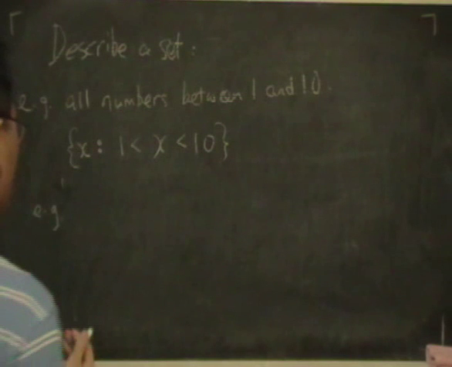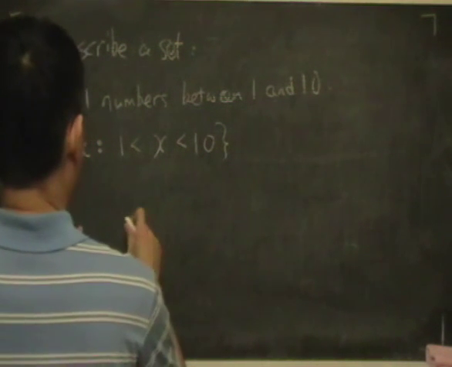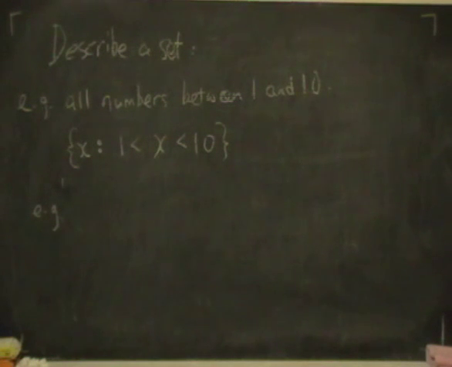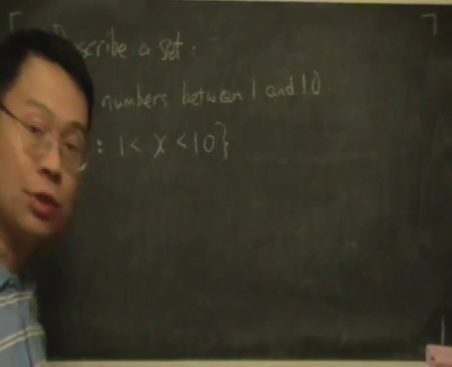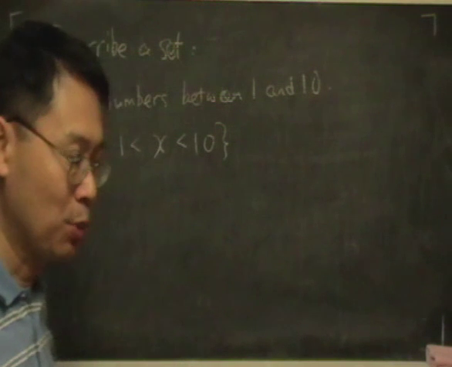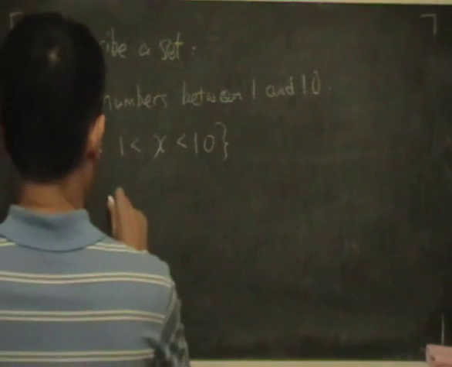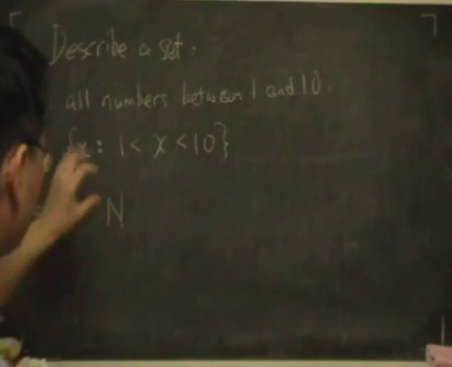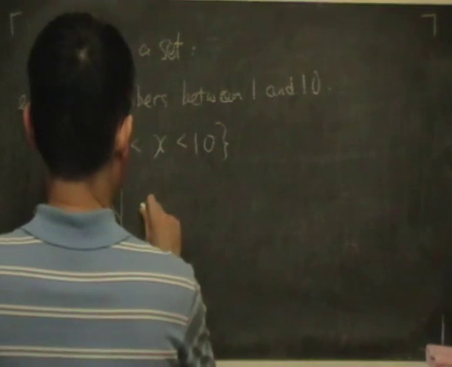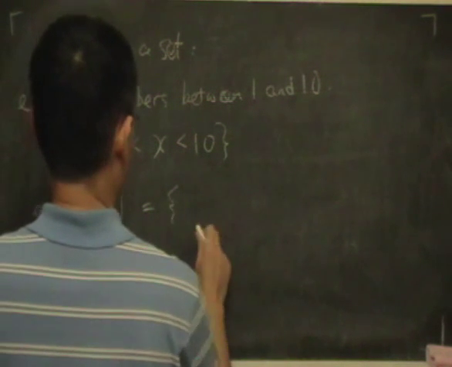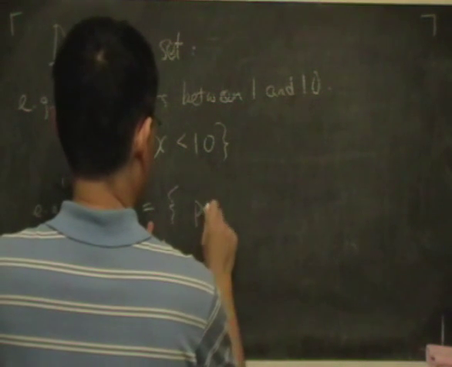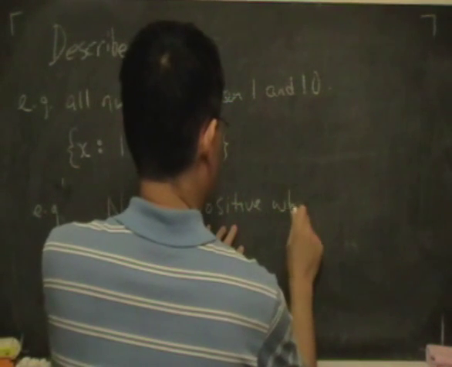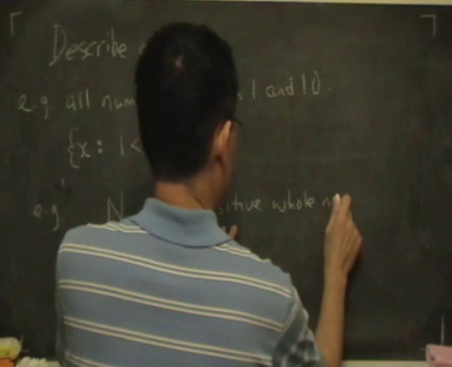Now, let me represent this set of positive whole numbers by the letter N. So let's say I have this set N, which refers to positive whole numbers.